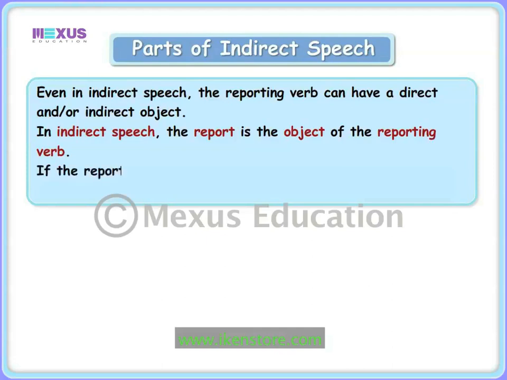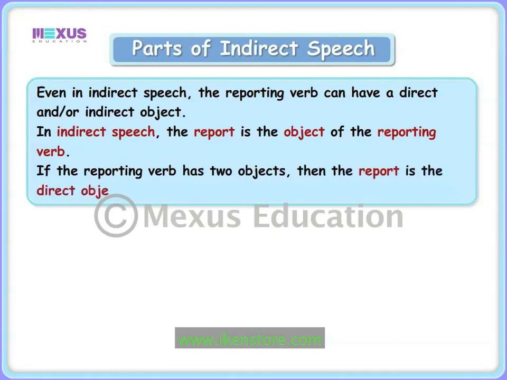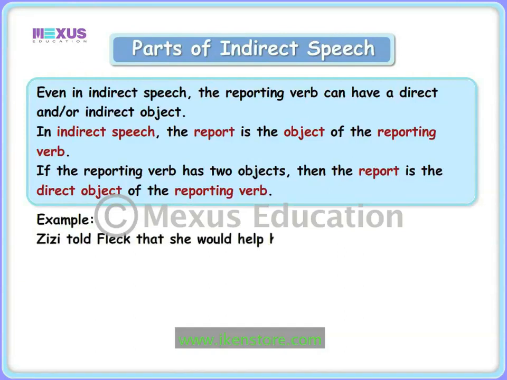If the reporting verb has two objects, then the report is the direct object of the reporting verb. Let's look at the previous example. Zizi told Fleck that she would help him. Here, the reporting verb told has two objects.